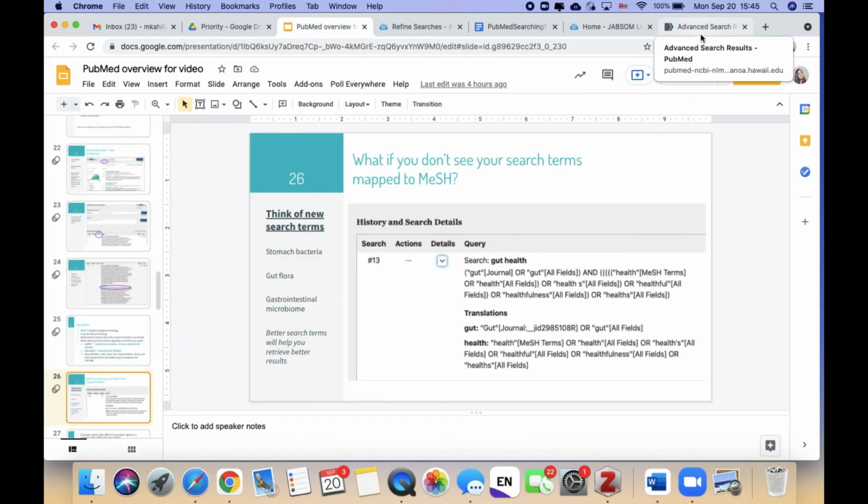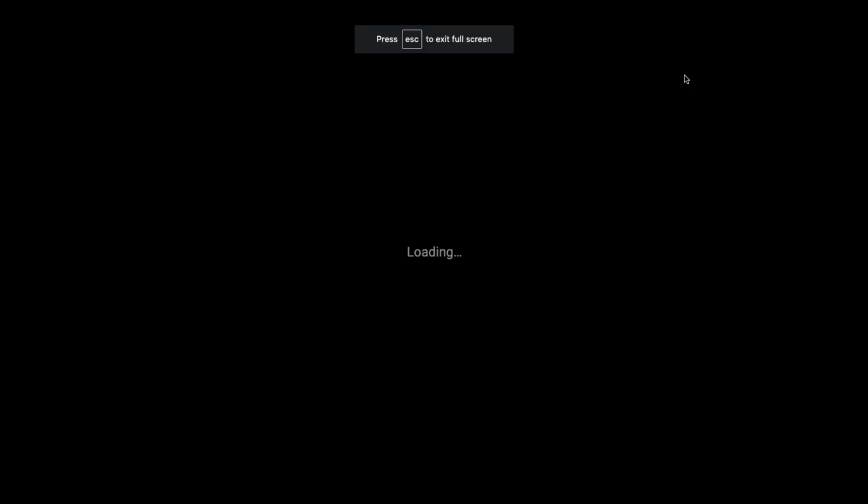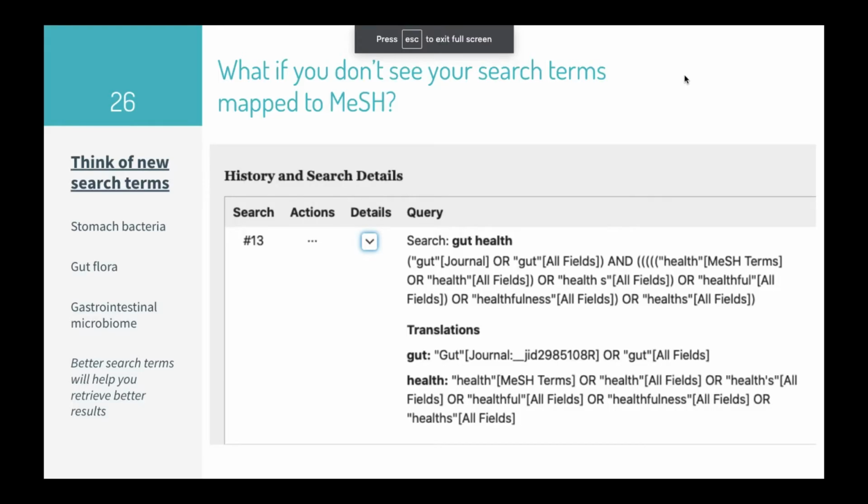So what happens if you don't see your search term mapped to MeSH? This is an indication that it's time to think of new search terms. Here is another example. My original search is gut health, but I can see where it's mapping. It's mapping me to a journal called Gut.